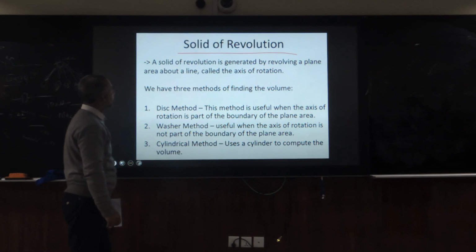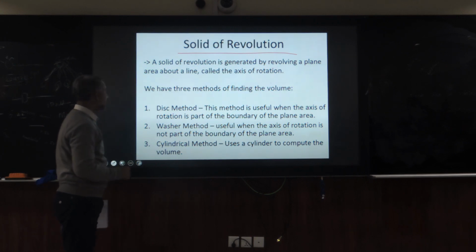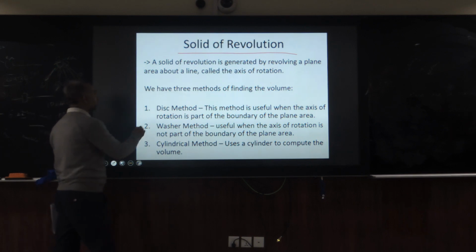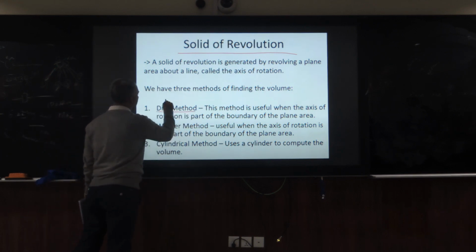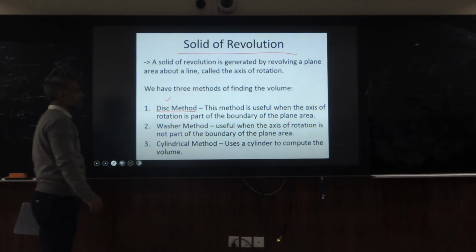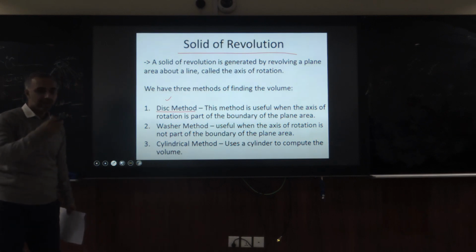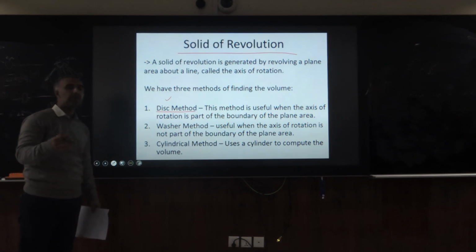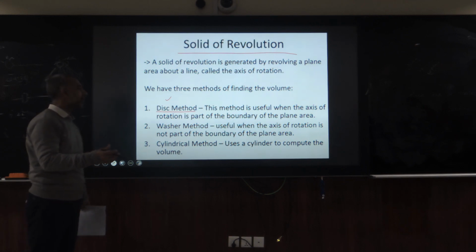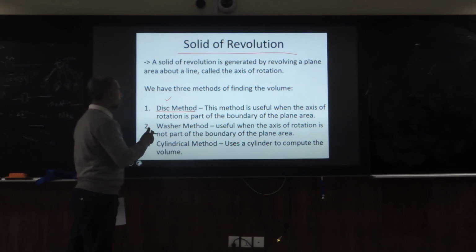So there are three methods of this. First one is the disk method. I already explained it. For example, in case of oranges, if we want to know the volume of an orange, we need to slice up the orange into too many slices and determine the volume of each slice, and by summing up all the slices, we get the volume of the orange.